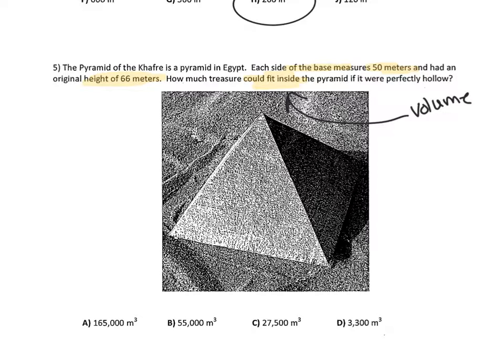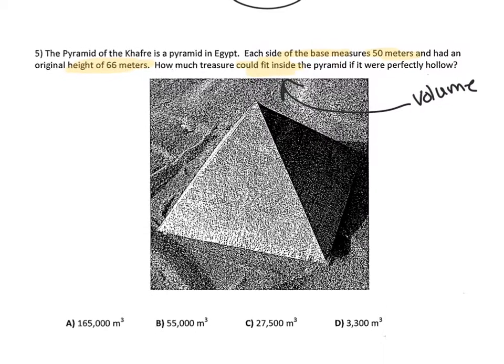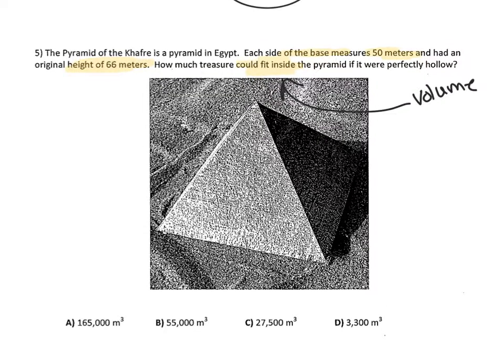What shape is that base in this picture? Square. So it's sitting on a square, which means every side of that square is the same: 50, 50, 50, and 50.